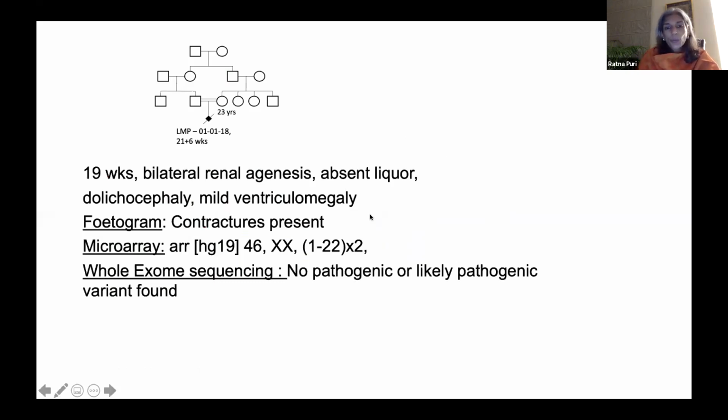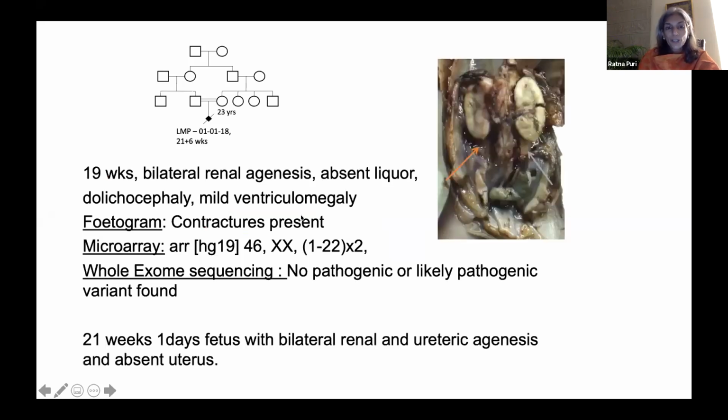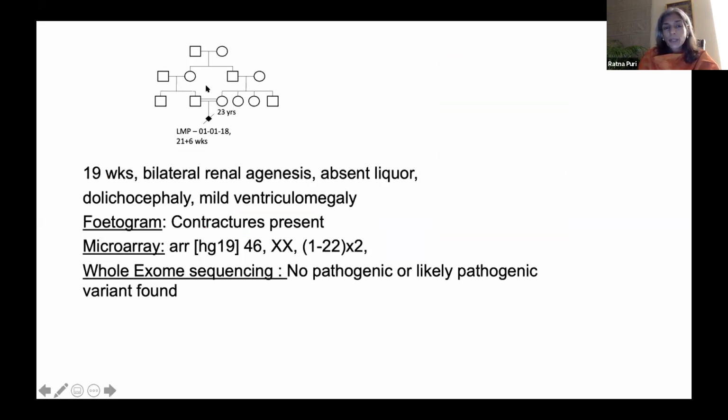Now, this is one case which is really very interesting, where it was a consanguineous couple and there was bilateral renal agenesis, and obviously no liquor, etc. There was mild ventriculomegaly, but nothing much to talk home about. There were contractures, but possibly because of the oligohydramnios.